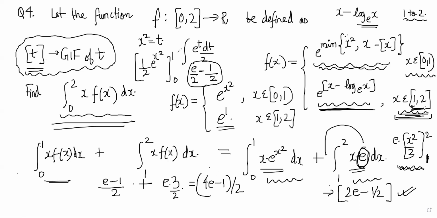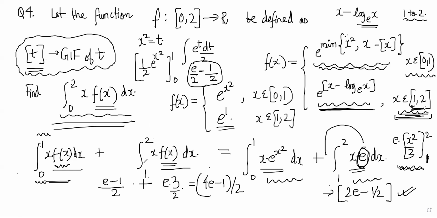Everyone else, are you understanding what I have done, how I am integrating? Yes, sir. You cannot do it directly from 0 to 2 because the function definition is changing. So you have to split your interval also into 0 to 1 and 1 to 2, right? One time the function was equal to e power x square, one time the function was equal to e.